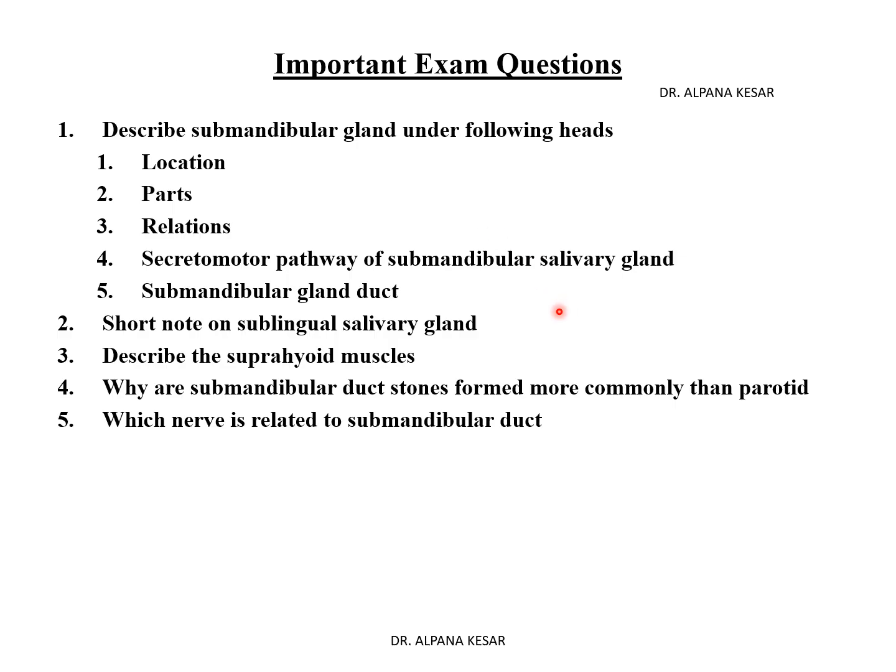Students should be able to write a short note on the sublingual salivary gland. Students should also be able to describe the suprahyoid muscles under the following subheads: origin, insertion, nerve supply, and action. Students must know that the mylohyoid muscle is also known as the oral diaphragm.